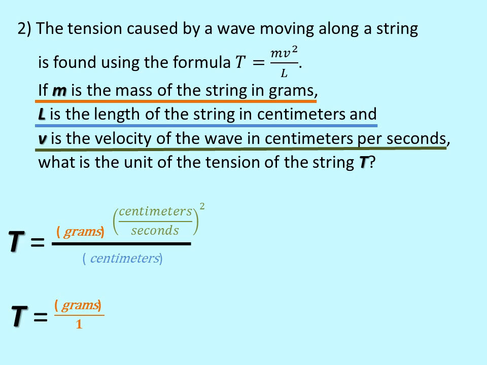That means the centimeters are squared and the seconds are squared, and so that's going to look like that. The centimeters that are in the denominator need to stay in the denominator. To keep it in the denominator, I put a 1 on top. Now, I don't know about you, but this looks a lot easier for me to work on.